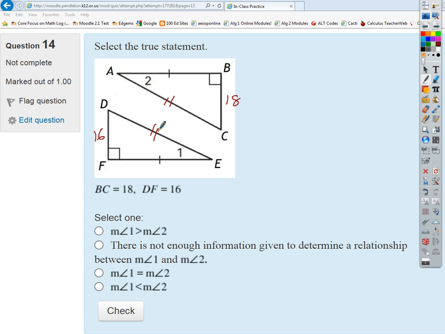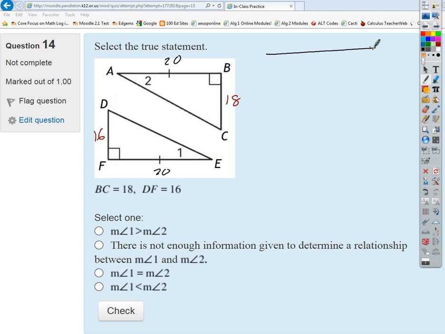So I could distort this. I could make this top triangle look like this, for example. AB has to be congruent to EF. Let's just say hypothetically that those are 20.